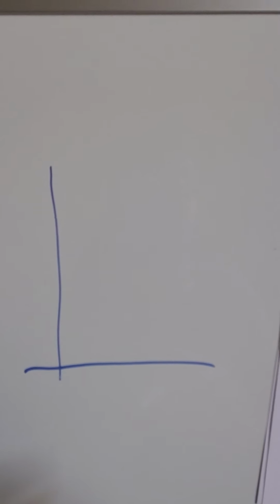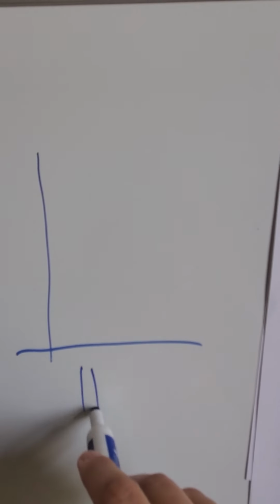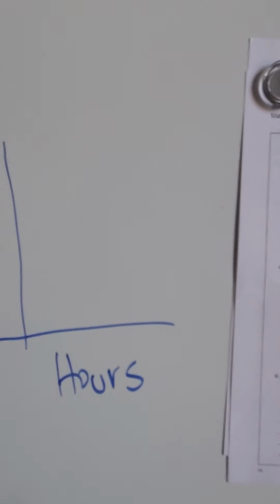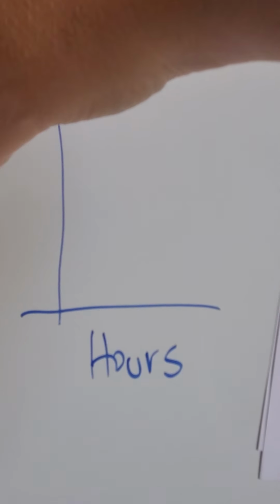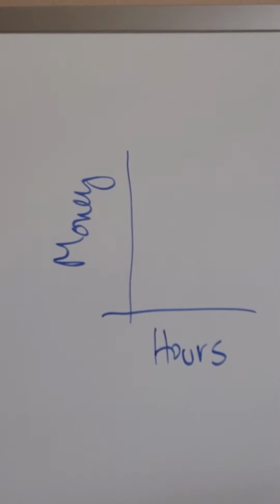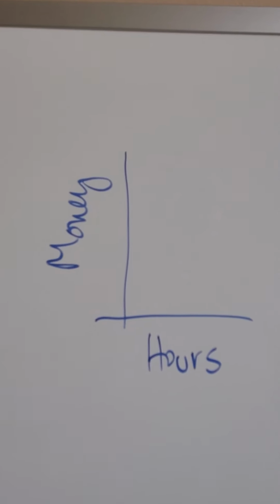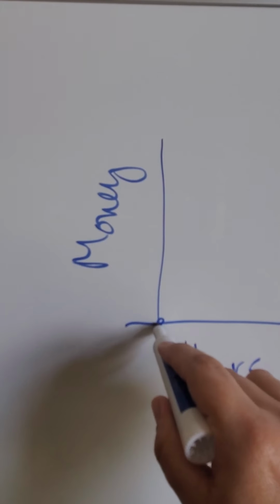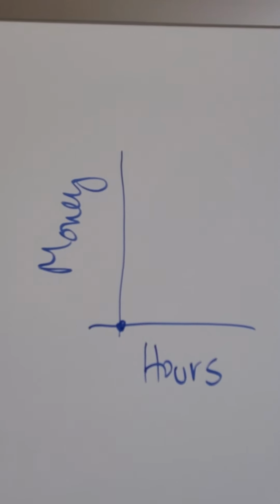So if I was to draw a graph, I'm going to keep it simple. And this will be the hours that he works. We always remember hours will be my independent. And then money, how much he makes, would be my dependent, right? The more hours of work, the more money I'd make.